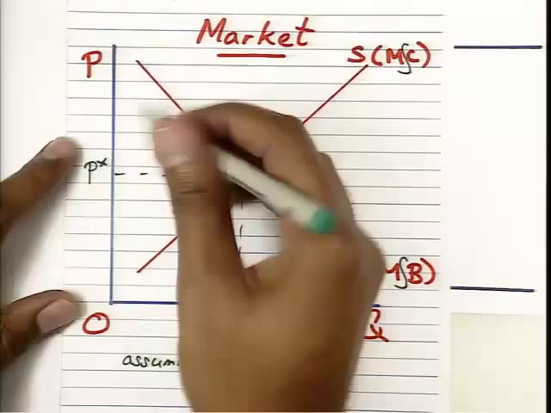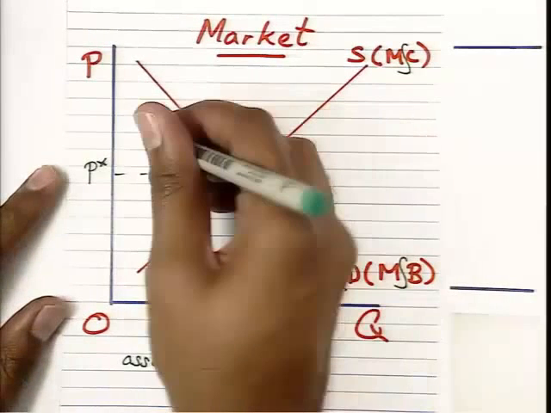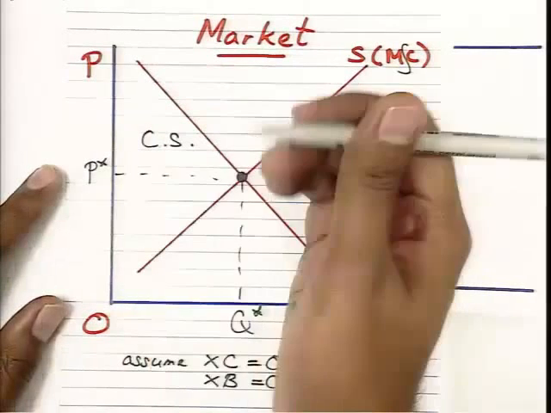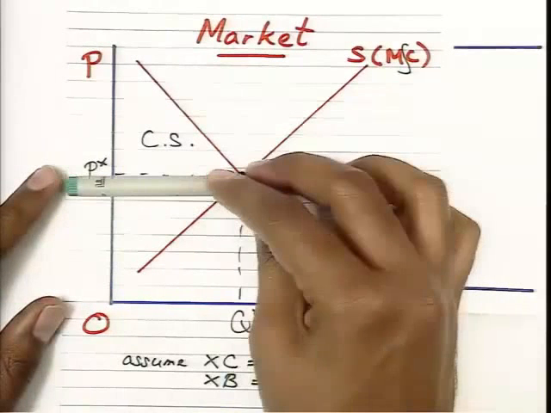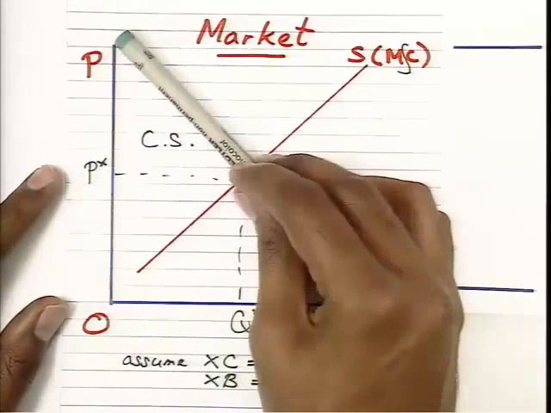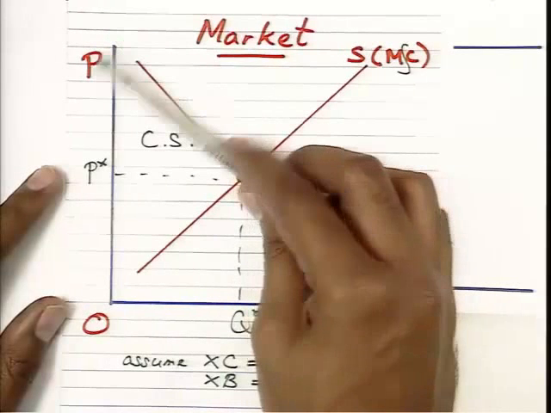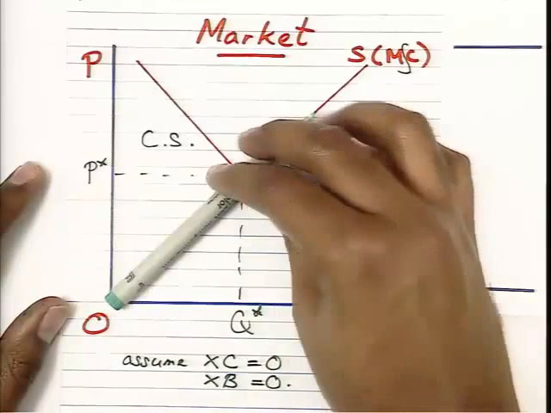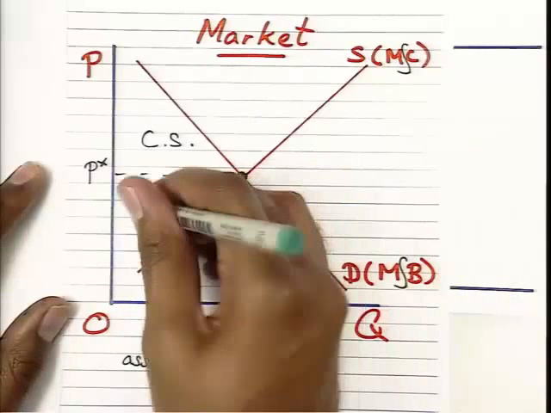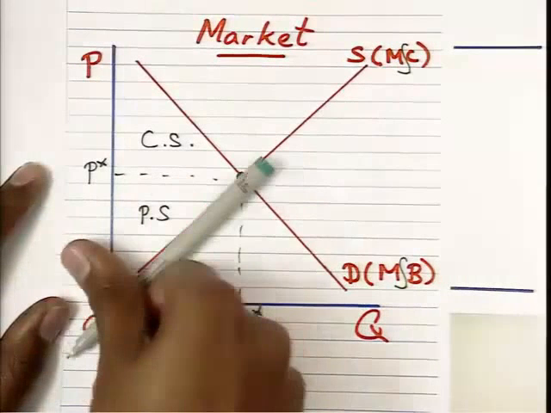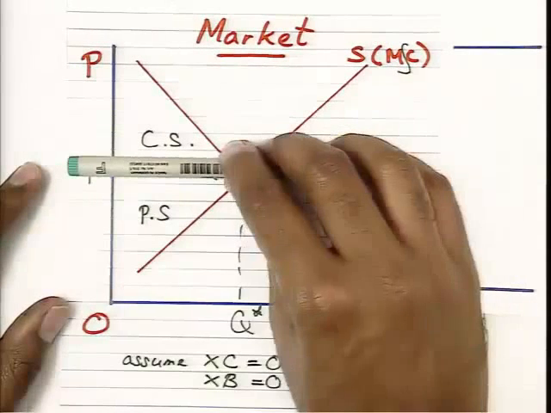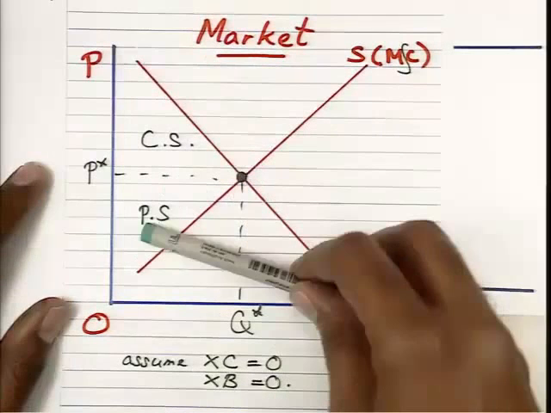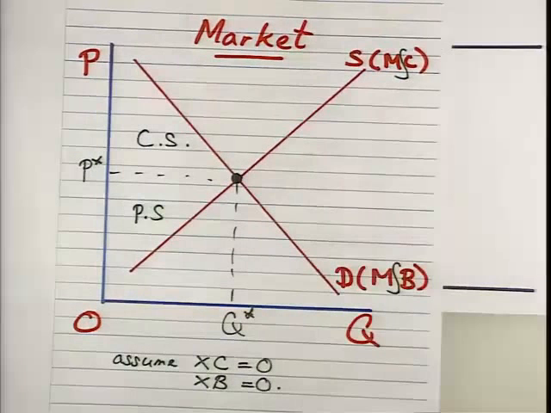Now, the triangle on top is the consumer surplus. Why? Demand is what you're willing to pay, but you actually end up paying less. Supply is how producers are willing to sell, but they actually end up getting a higher price. So the triangle below represents producer surplus. The triangle above represents consumer surplus.